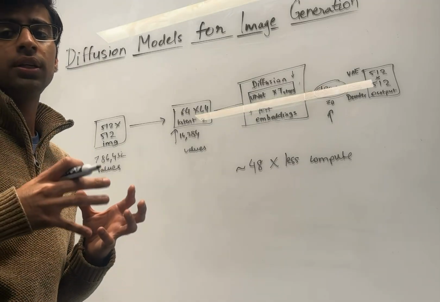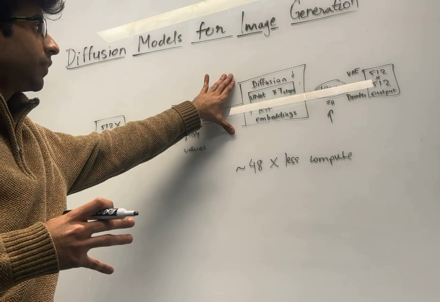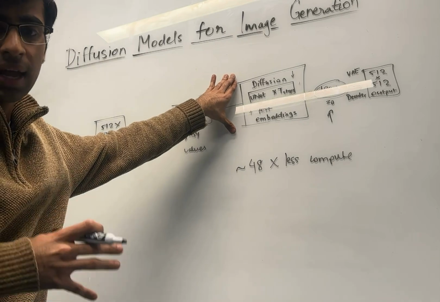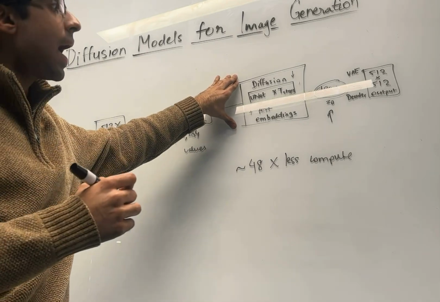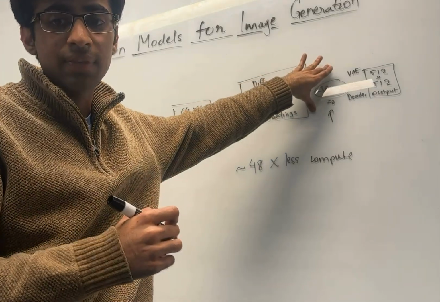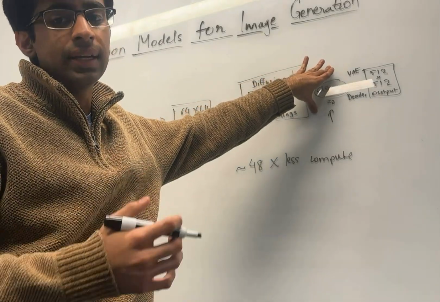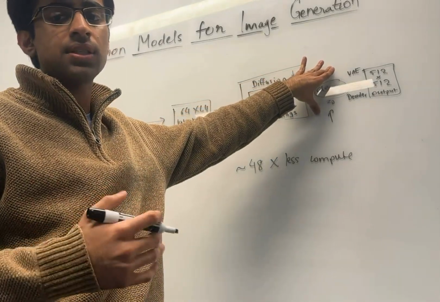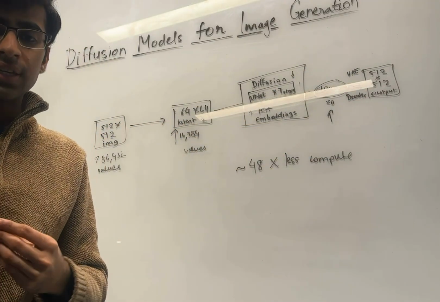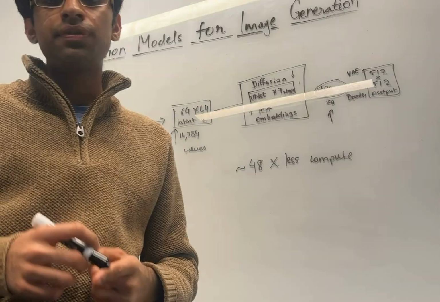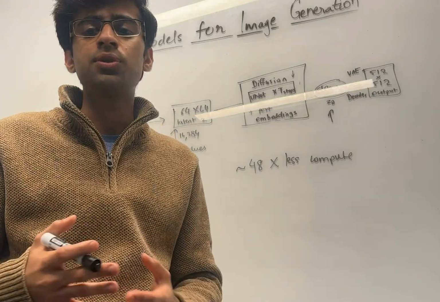All the denoising takes place here, and the U-Net never touches the entire image. Once we have a clean latent, the decoder reconstructs the full resolution image. And the reason is, Stable Diffusion runs on a consumer GPU.